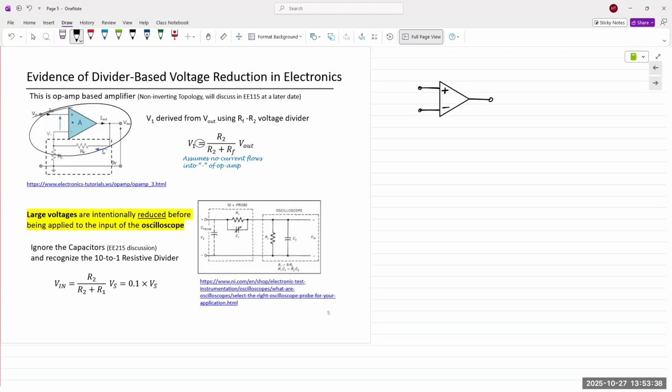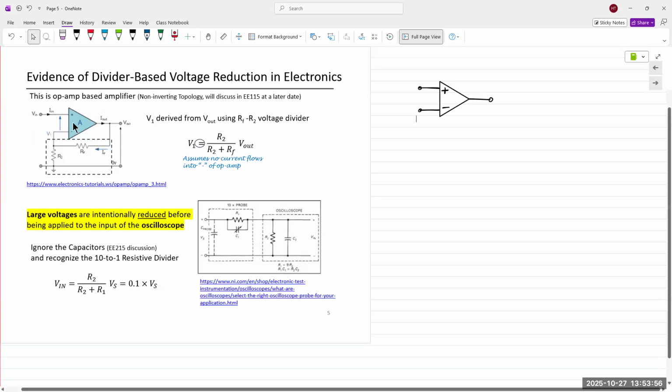We use them for filtering, active filters. There are many other applications, unity gain buffers, and voltage followers, which we'll look at in the next few lectures.